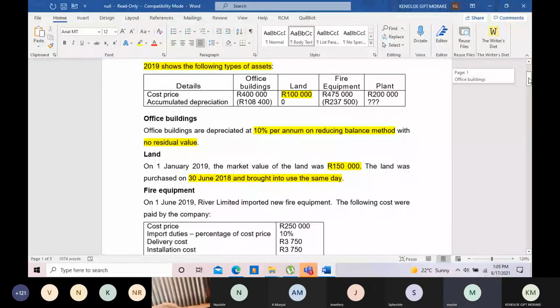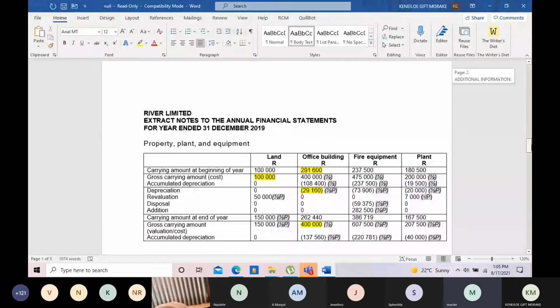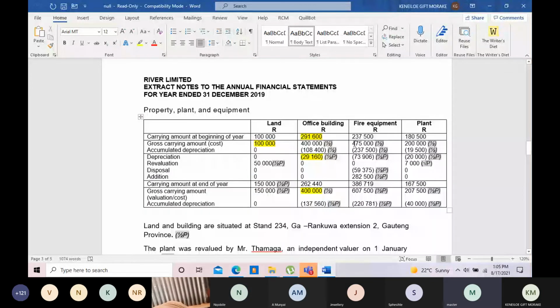That's what you must copy and paste right now. You see here, 475,000. That's your cost price at the beginning, which was given. 237,500. That's your accumulated, which was also given. We have 1 mark now, just by copying that information here and pasting it here. So now you say 475,000 minus 237,500.